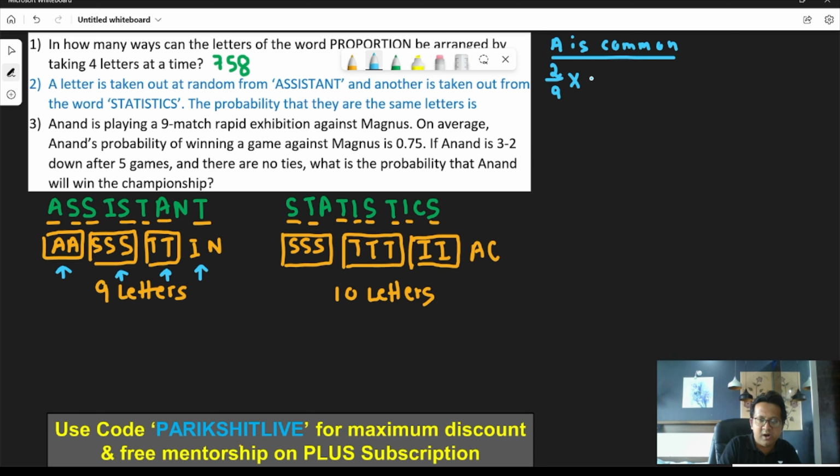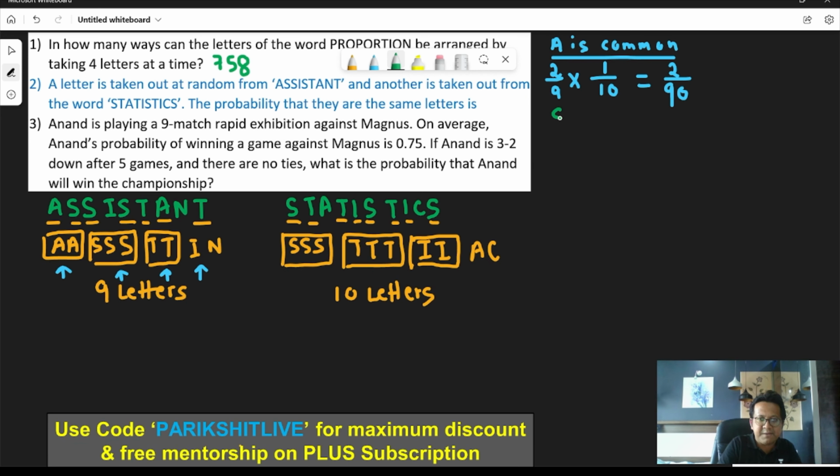And the second word has got 10 letters, out of which there is 1 A. So the probability of picking an A from the first word is 2 by 9, and from the second word is 1 by 10. So if A is common, the probability is 2 by 90.